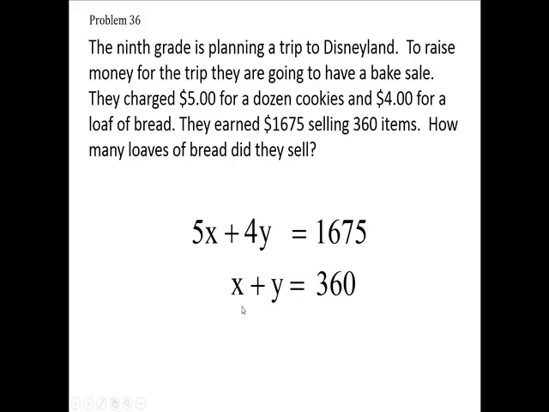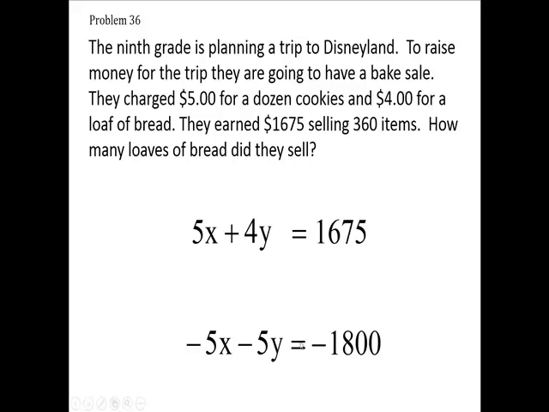So I'm going to take negative 5 times X, negative 5 times Y, and negative 5 times 360. 360 times negative 5 is negative 1800. So when you take negative 5 times the second equation, you get this equation.